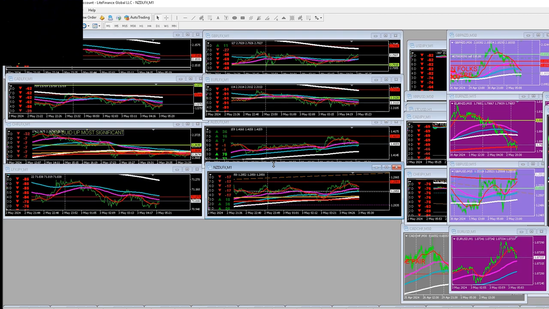So we want to stay away from the CAD. And we want to assume a Swiss strengthening back up to the greens somewhere. And that will allow the pound to follow the euro down.